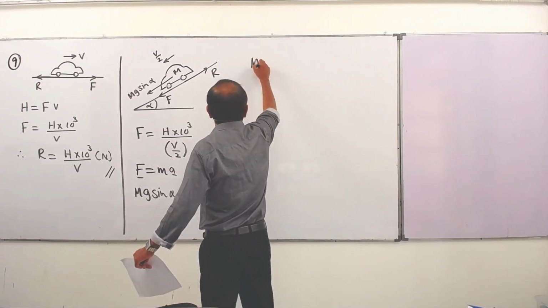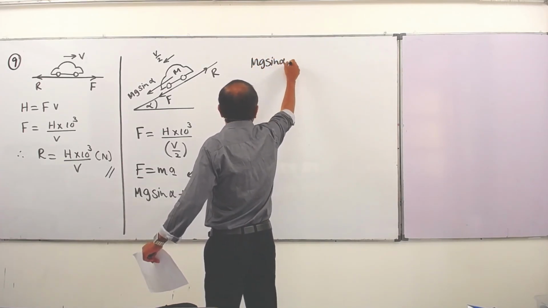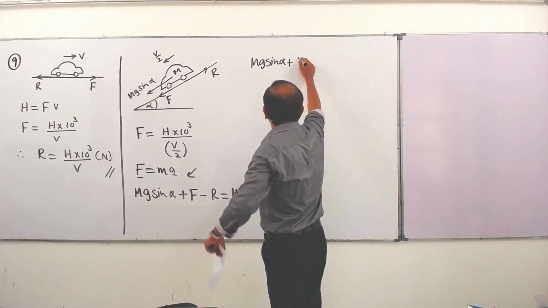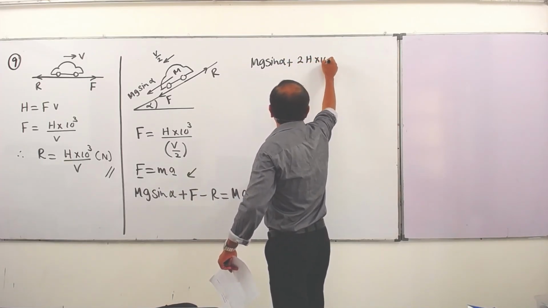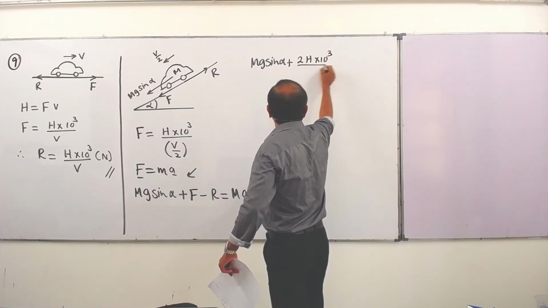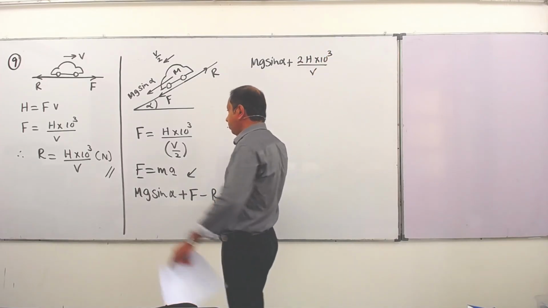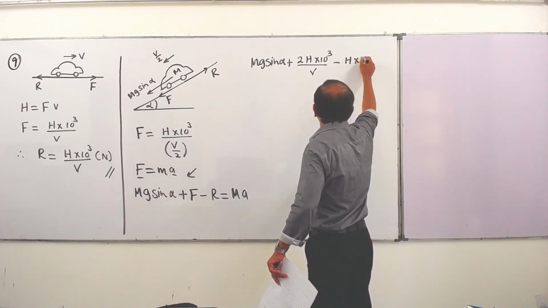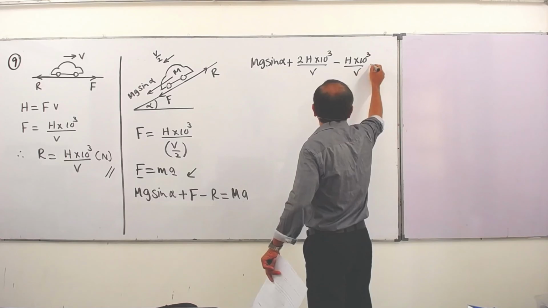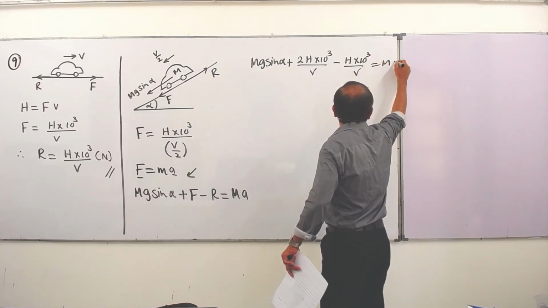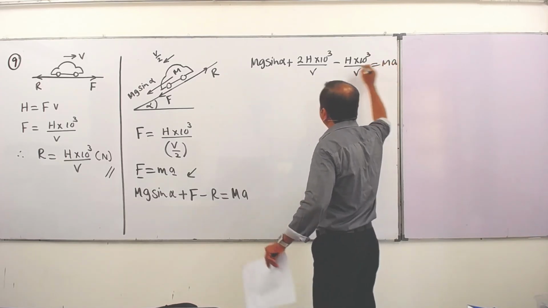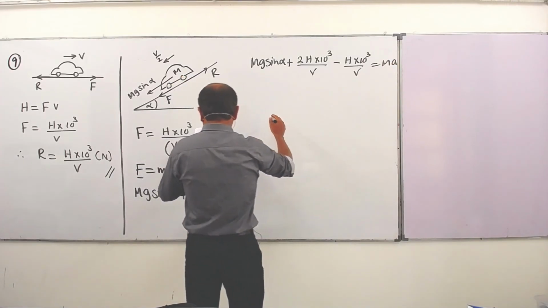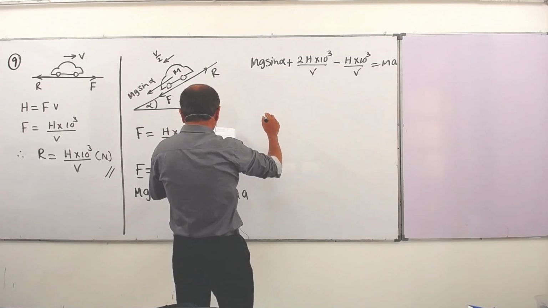Mg sine alpha plus F, which is 2H into 10 to the power 3 upon v, minus R, which is H into 10 to the power 3 upon v, equals m times a. Right, no?